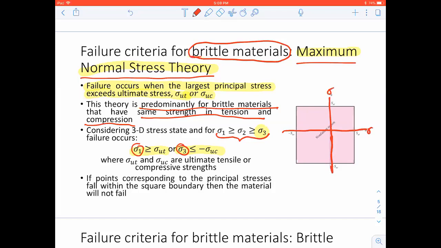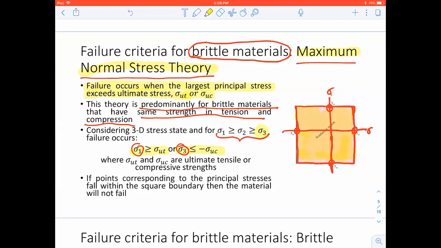This is your ultimate tensile strength value, and this is your ultimate compressive strength value. Similarly, on the y-axis, ultimate tensile strength and ultimate compressive strength. If I draw a square, because it has the same values, then the non-failure region will be everything inside this square.